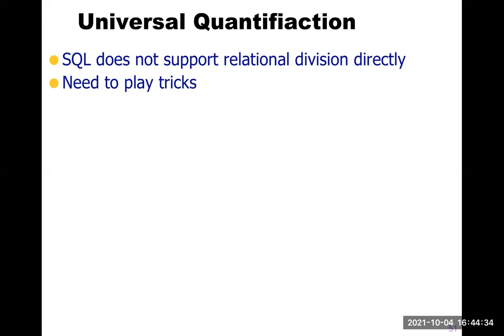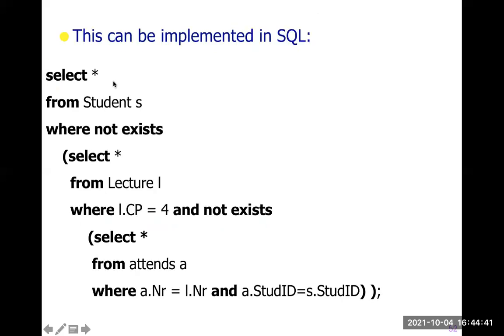To run a relational division operation, SQL doesn't support relational division. And if I want to find all the students who attend all the lectures, how to express this?